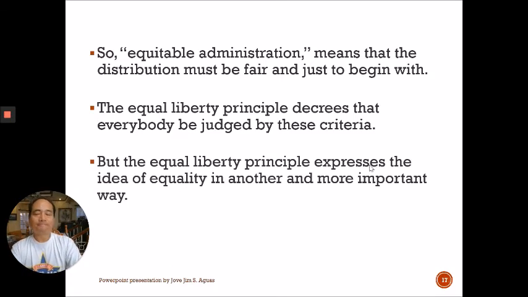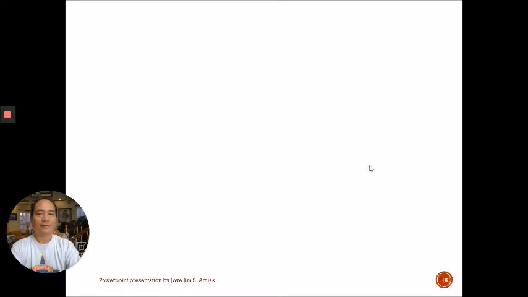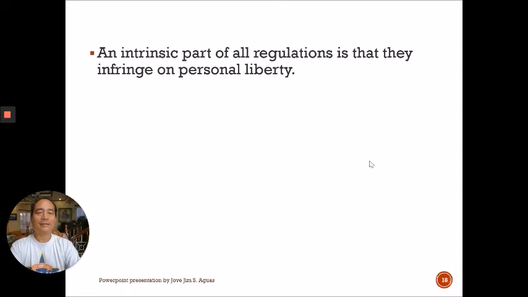But the equal liberty principle expresses the idea of equality in another and more important way. Okay, and it is an intrinsic part of all regulations. That is that they infringe on personal liberty. They always infringe on our personal liberty.